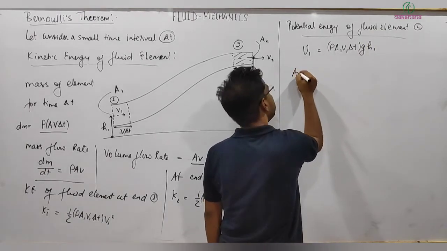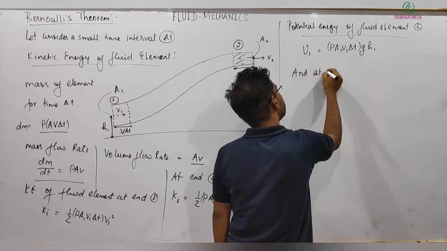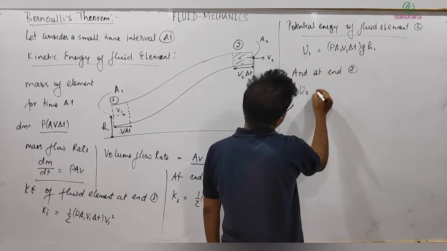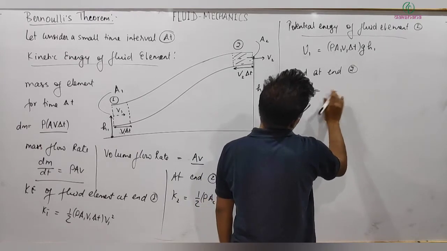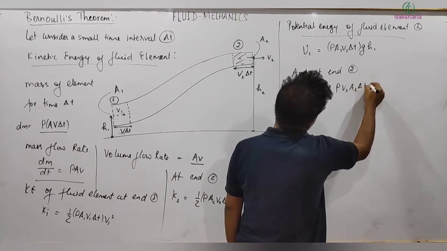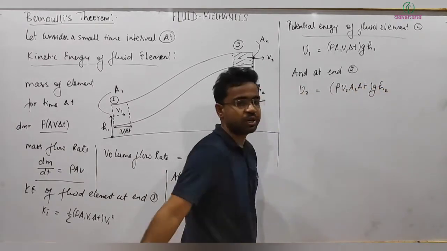And at end 2, this will be U2, which is rho A2 V2 delta T multiplied by g into H2. This is the potential energy.